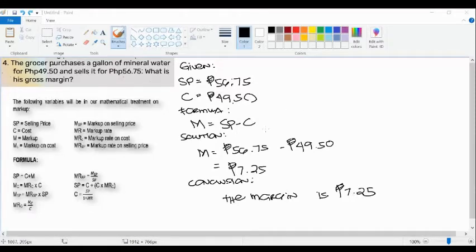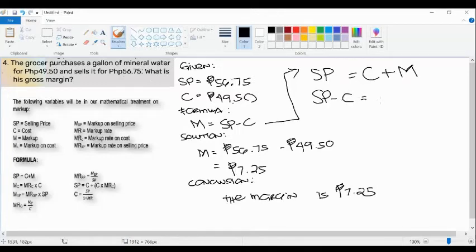And if you notice, this formula came from selling price equals the cost plus the margin. So if you're going to transpose any variable or any value to the other side, you're going to change the operation. So for this one, we have positive C. So we're going to change it to negative C since we're transposing it. Okay? So therefore, we have the same formula.